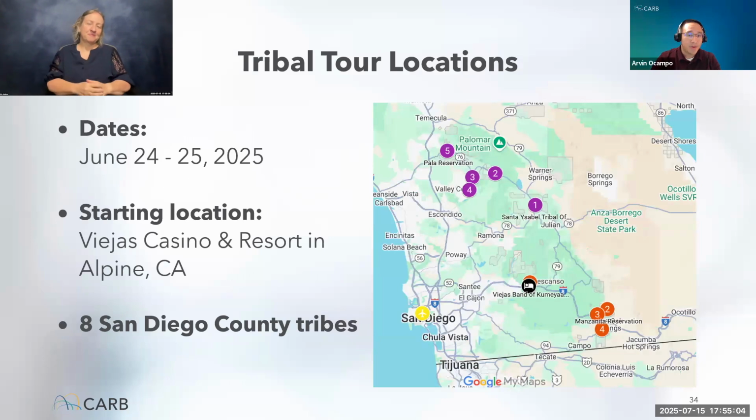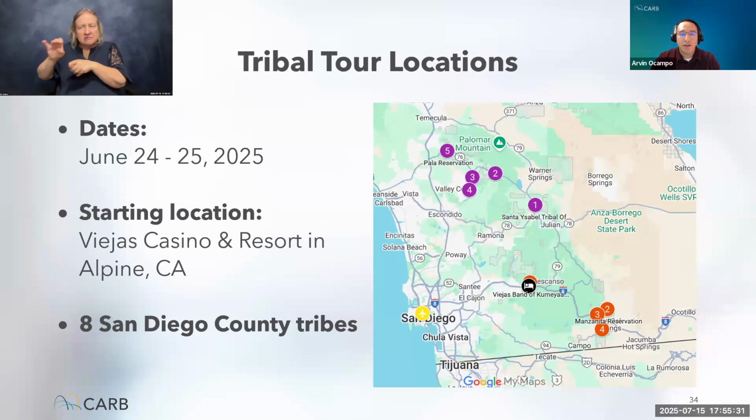So, with support from Jill Sherman Warren, Executive Director of the Native American Environmental Protection Coalition, CARB organized a 2-day San Diego County Tribal and Rural Clean Energy and Mobility Tour. The tour provided a valuable opportunity to strengthen government-to-government relationships, hear directly from tribal leaders, and better understand local transportation needs and environmental priorities.